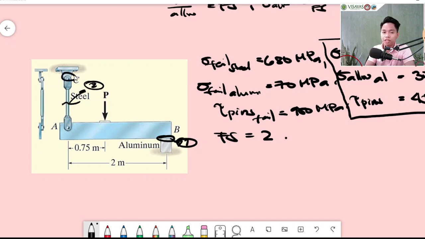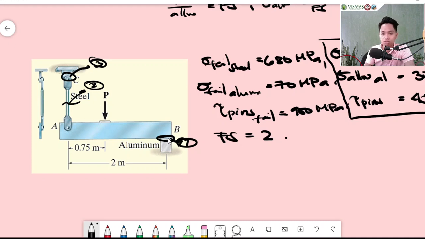So the third failure nato would be your maputol si pins, either A, si C. Parehara man na sila. Si A ug si C will be experiencing the same force gihapon na. Alright? Kay 2 force member man na siya. So whatever force nga naa ni A, that will be the same force nga naa ni C. So mo fail na ato ang pin, that would be our third failure.